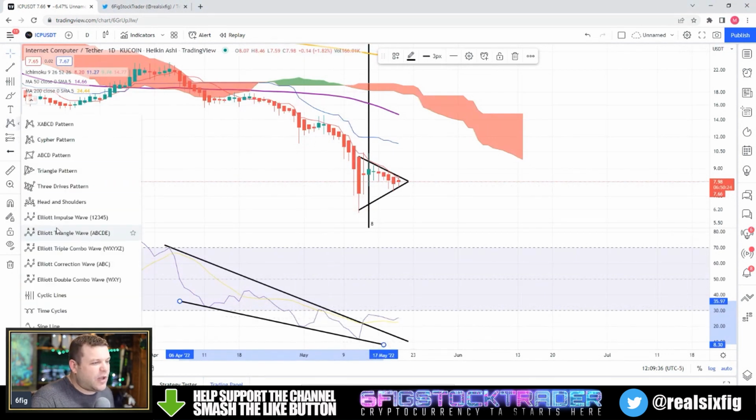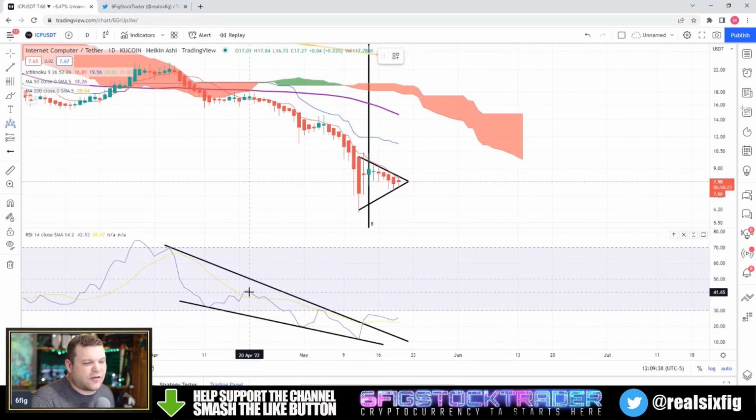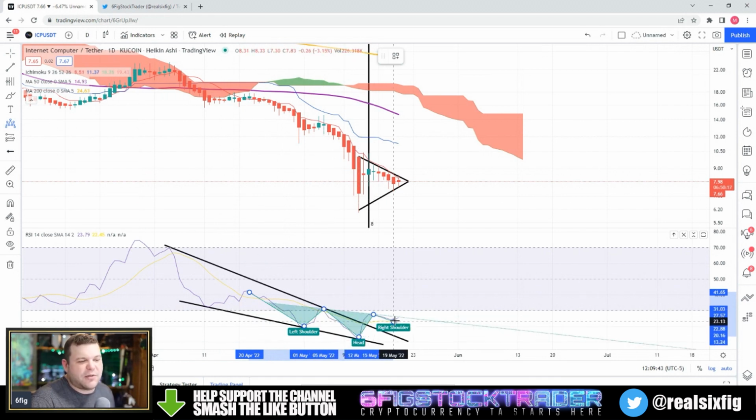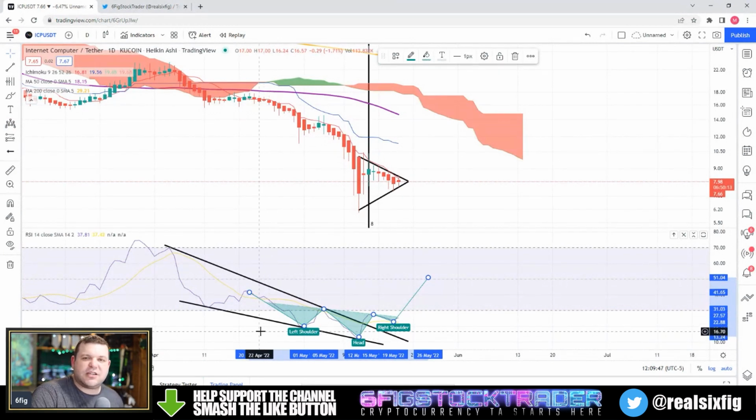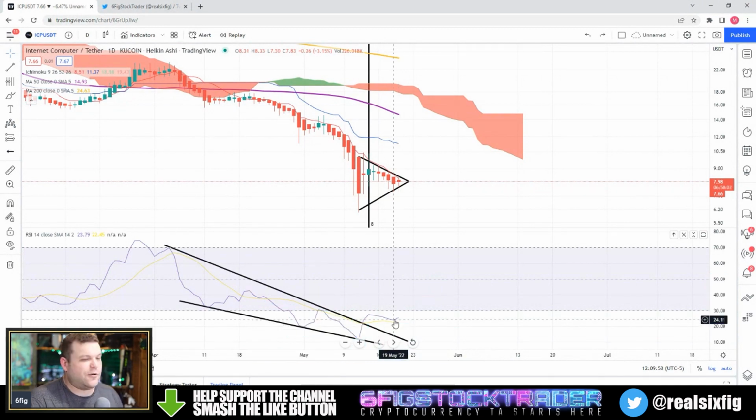So the fact that we might have some sort of inverse head and shoulders pattern here could support the argument that we might see an increase or a step up in buying power, simply because we have a defined neckline and we have a left shoulder, a head, and possibly a right shoulder that is forming.